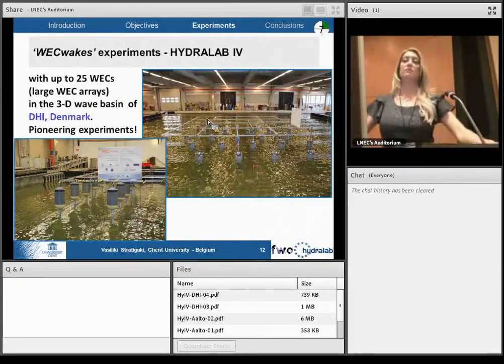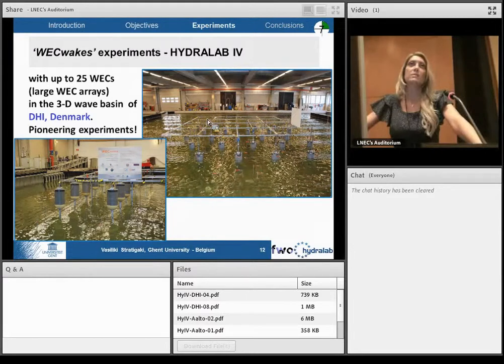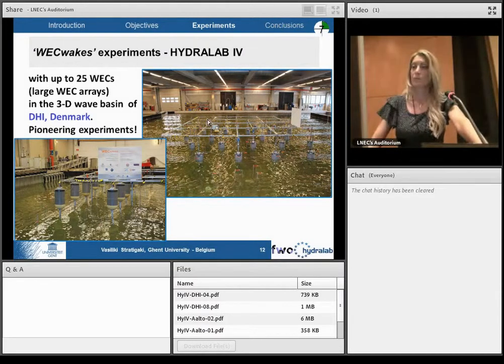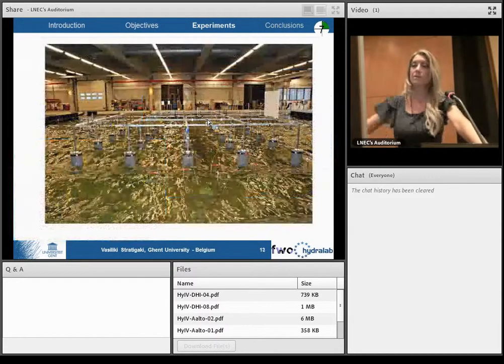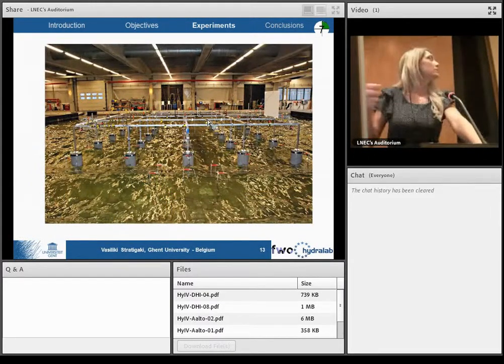Here's a short overview of the database. We performed almost 600 tests, focusing on different wave types and angles of incidence, and with these ranges of wave period and wave height.